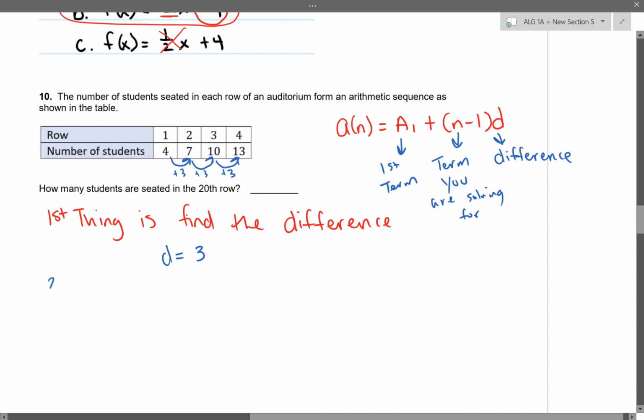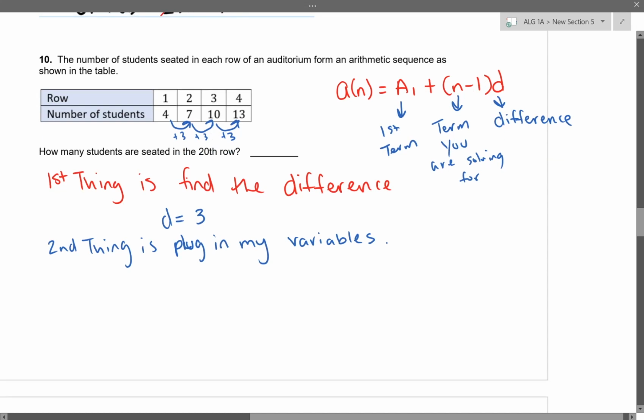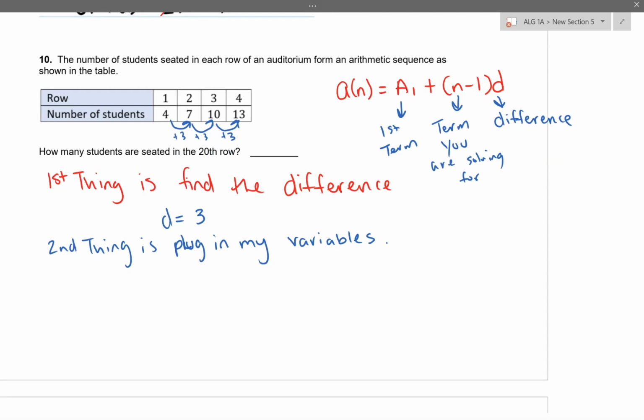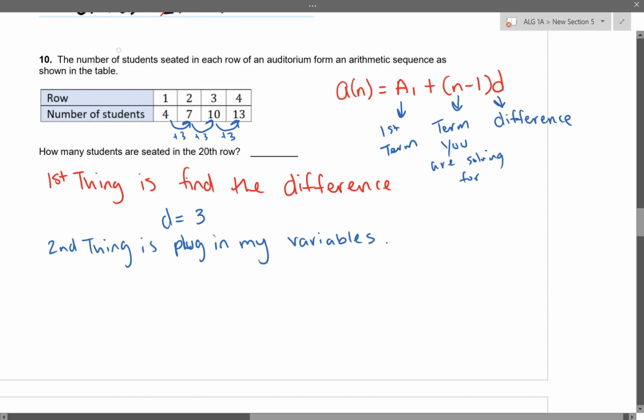Now, second thing is plug in my variables. So let's try this. A of n, so I'm going to use my formula to plug in my numbers. A of n equals, what is my first term?